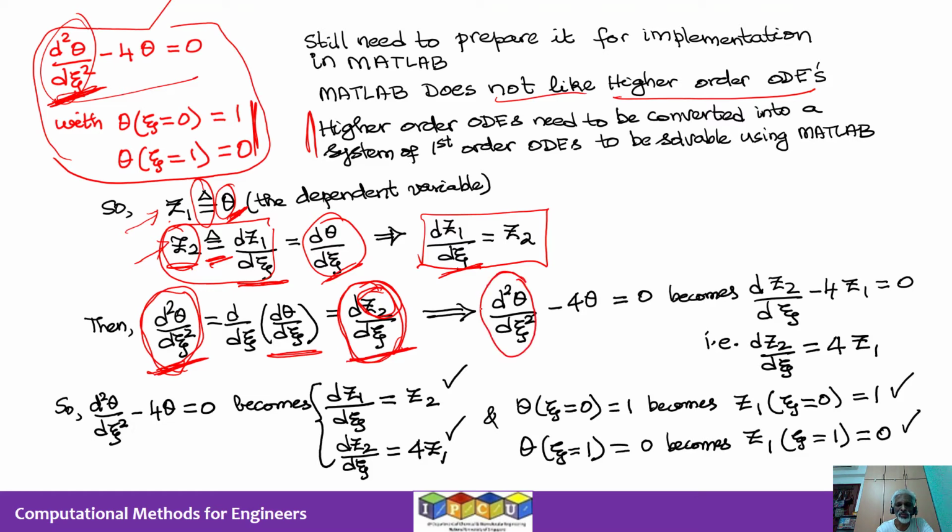I can replace d2 theta by d psi squared by dz2 by d psi. Minus 4 theta is going to be minus 4 z1 because z1 was defined equal to theta. So dz2 by d psi minus 4 z1 is equal to 0, in which case you can write dz2 by d psi is equal to 4 z1.